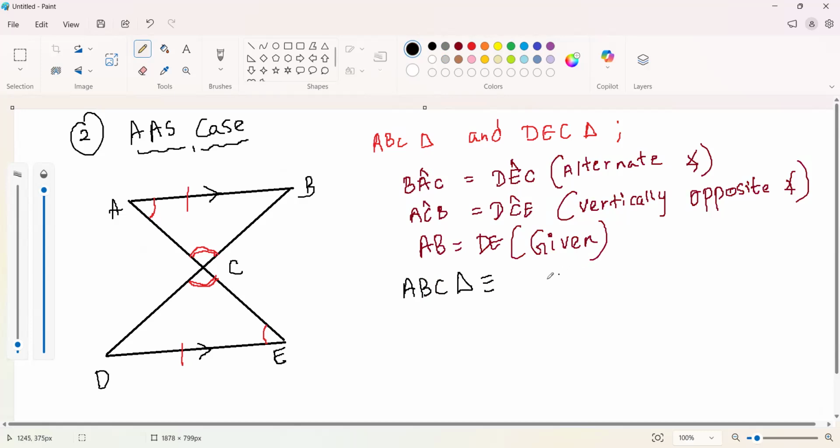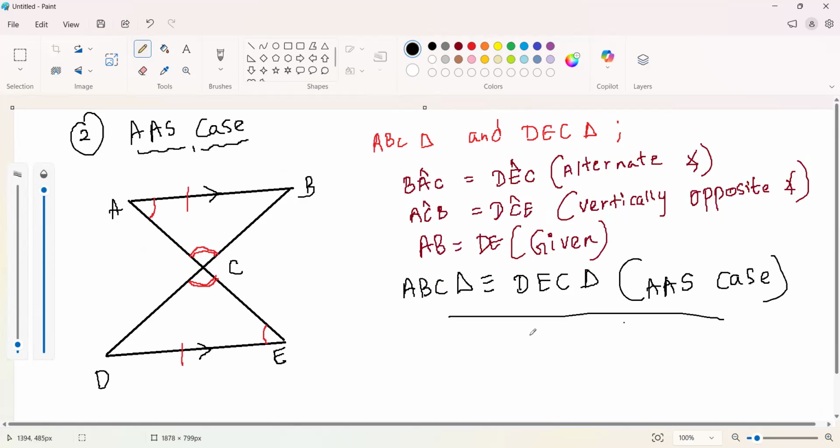So you can write triangle ABC is congruent to triangle DEC, because of why? There are two angles and one side. Can you write? Write that down quickly.